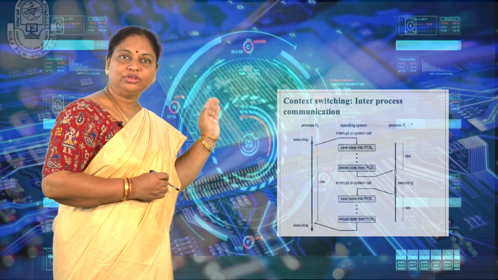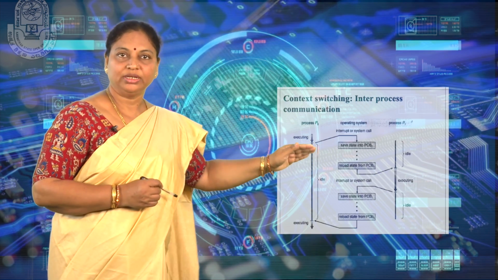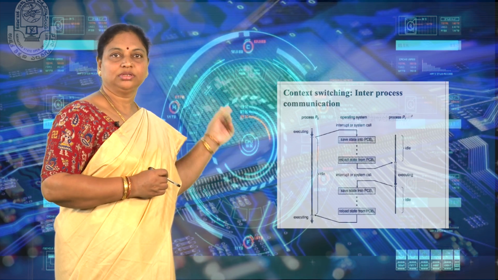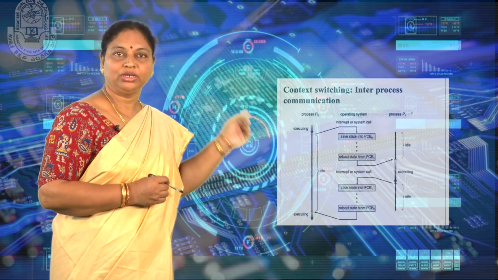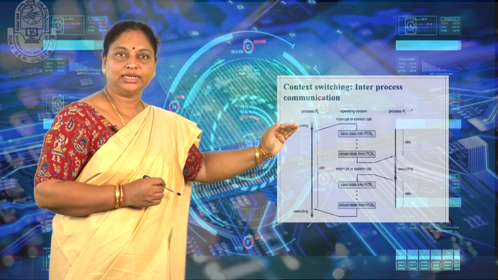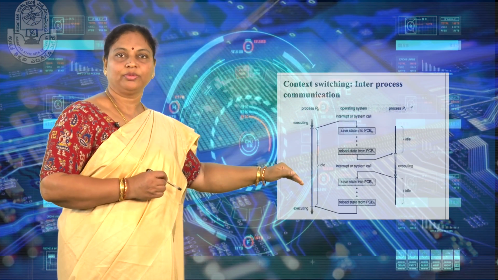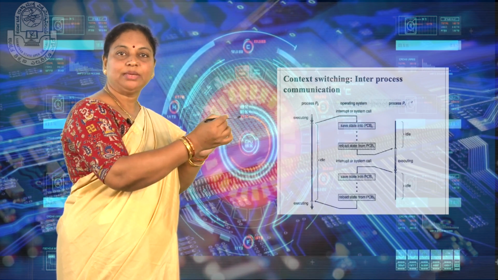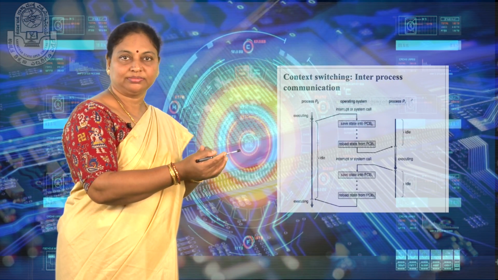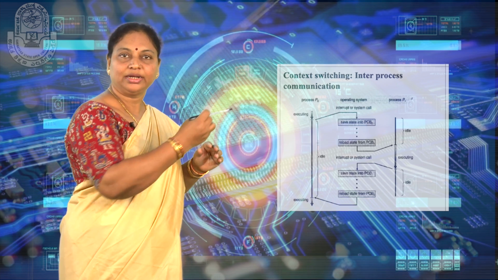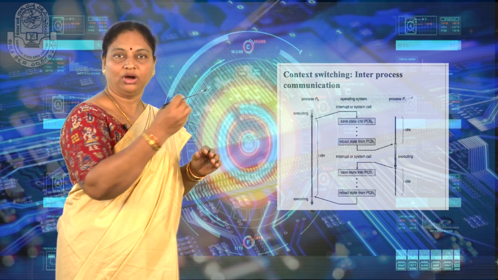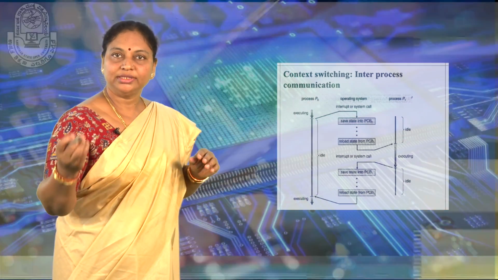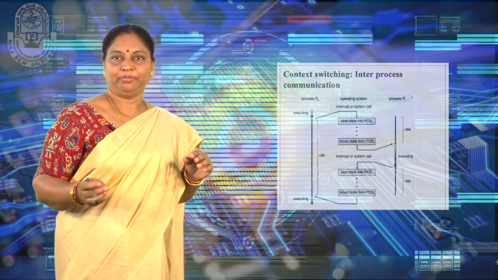So when the CPU is switching from P0 to P1, in the PCB of the P0 process, the current status values are stored, and then the CPU will switch to the PCB of the P1 process, retrieve the information of all the register values, and continue executing the process P1.